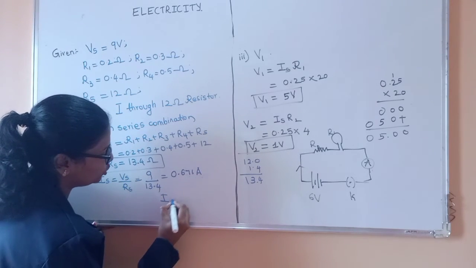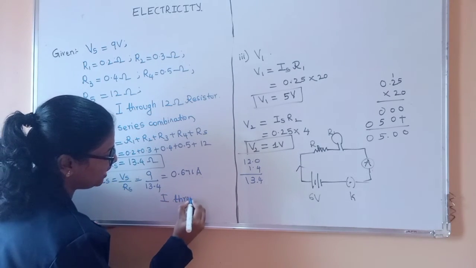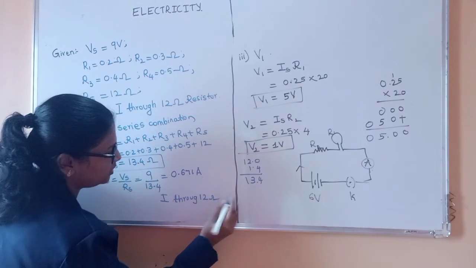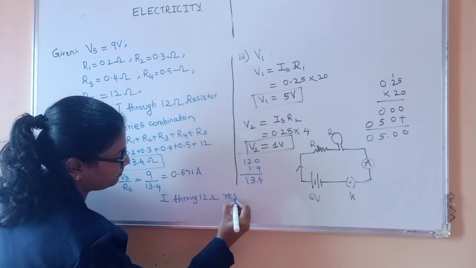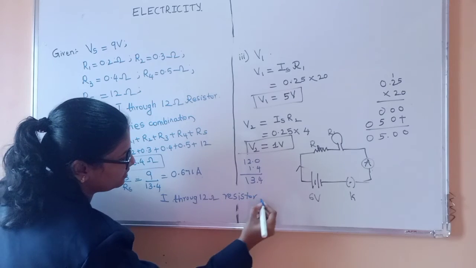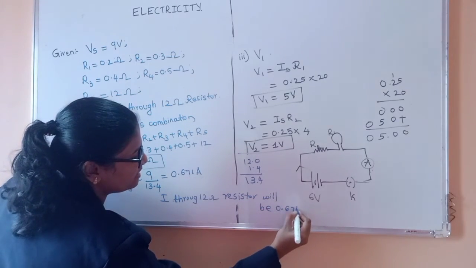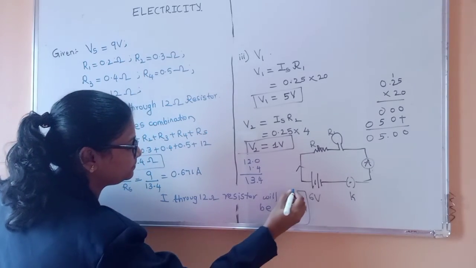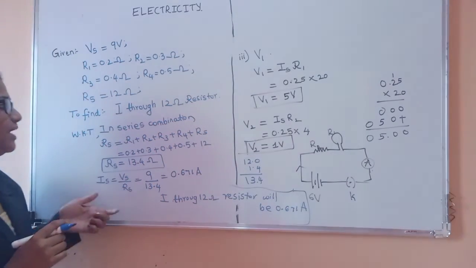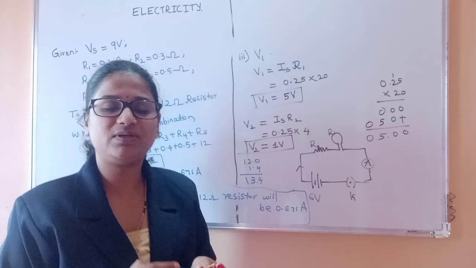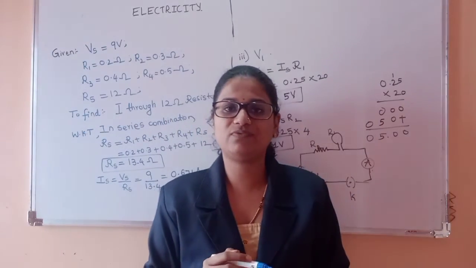So the current through the 12 ohm resistor will be 0.671 ampere.